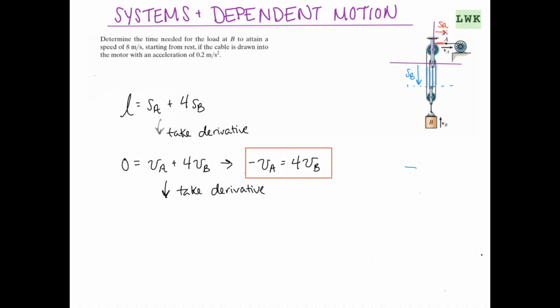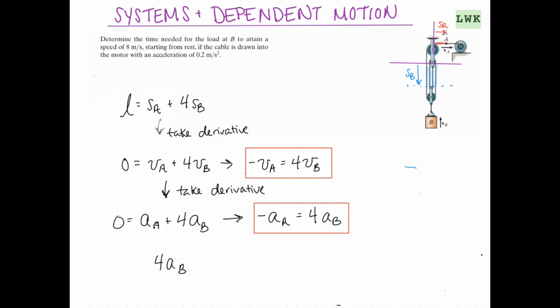We can say acceleration of A plus 4 times the acceleration of B equals 0, or negative acceleration of A equals 4 times the acceleration of B. Now that we know this, we can start plugging in. 4 times AB equals negative acceleration of A, which we know as 0.2 meters per second squared.